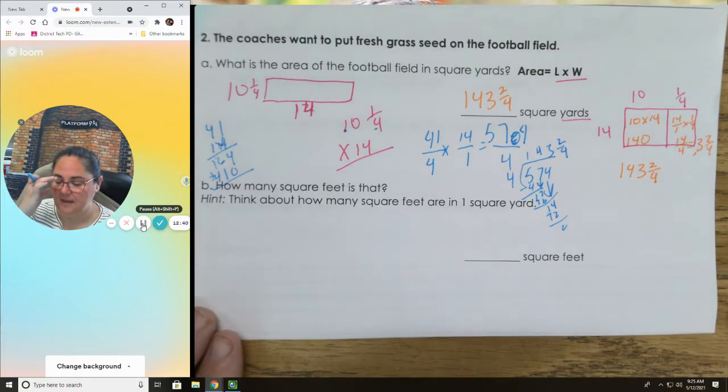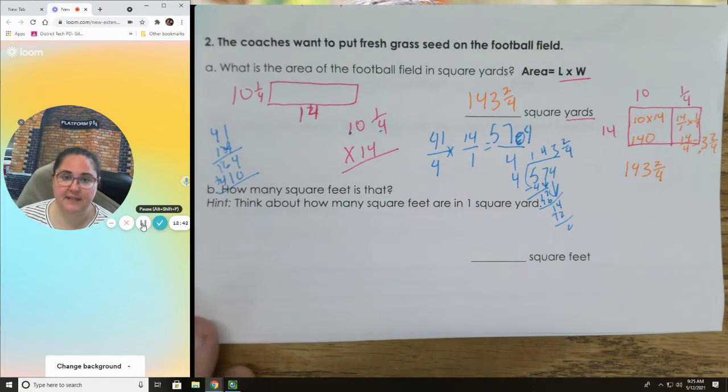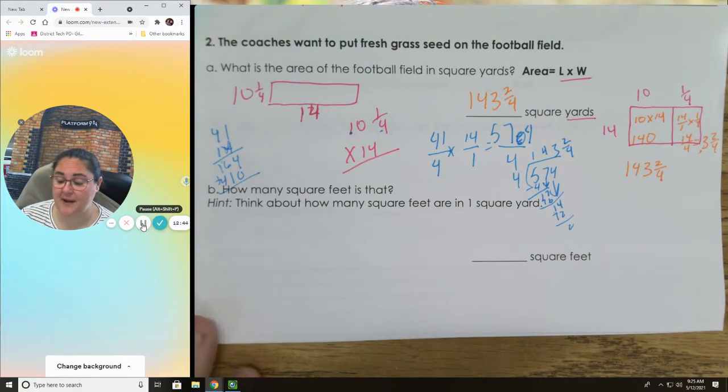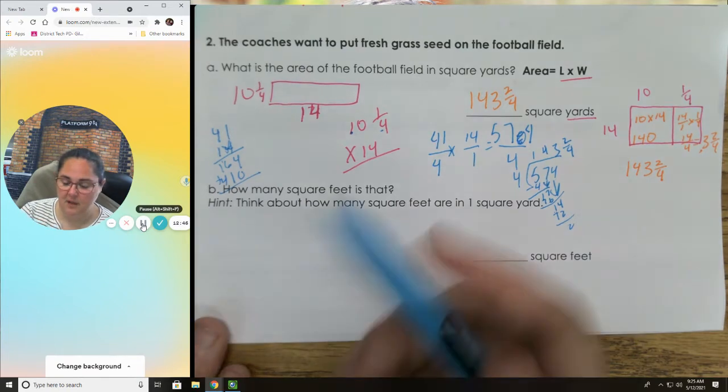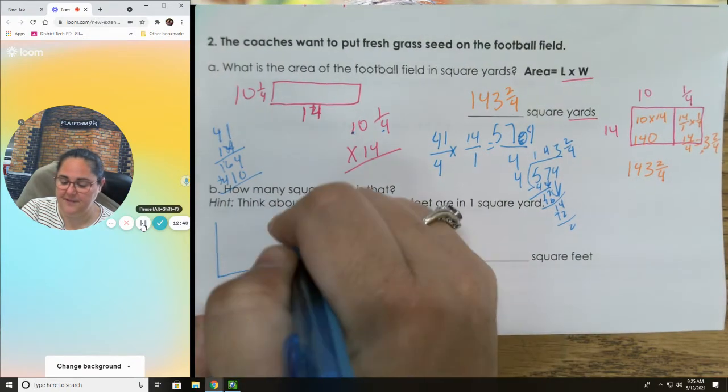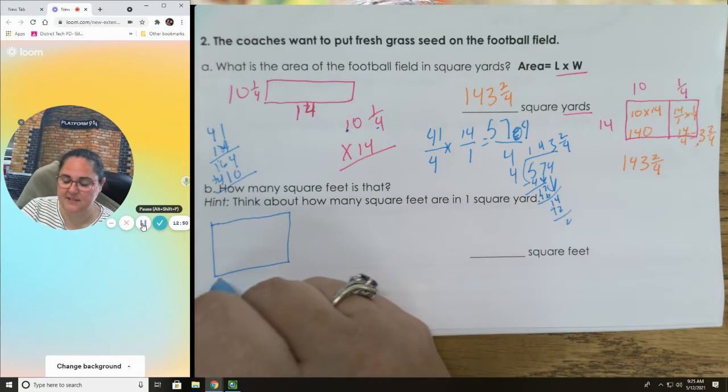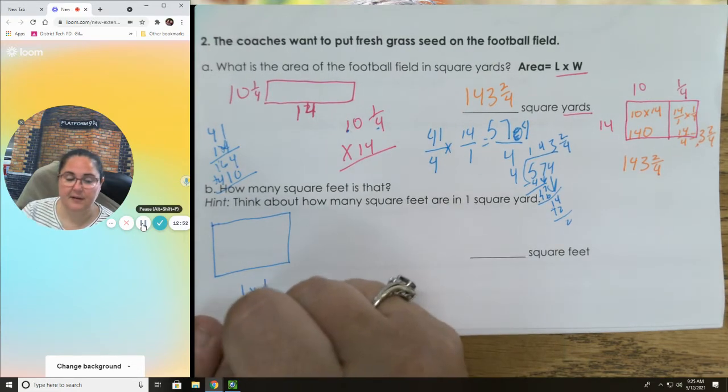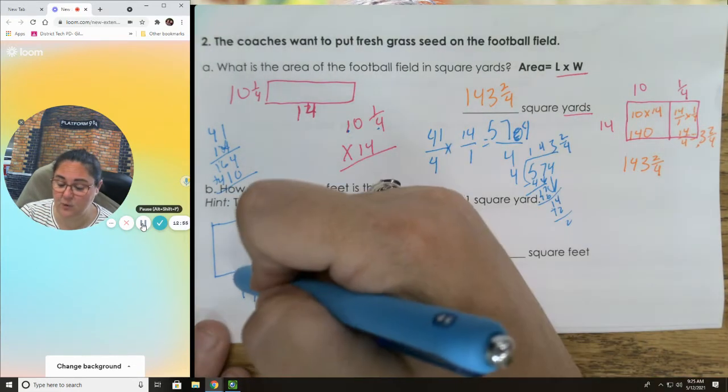All right. How many square feet is that? We have done a couple of practice questions with this. Remember, if this is 1 square yard, this distance is 1 yard. And I know there are 3 feet in 1 yard.